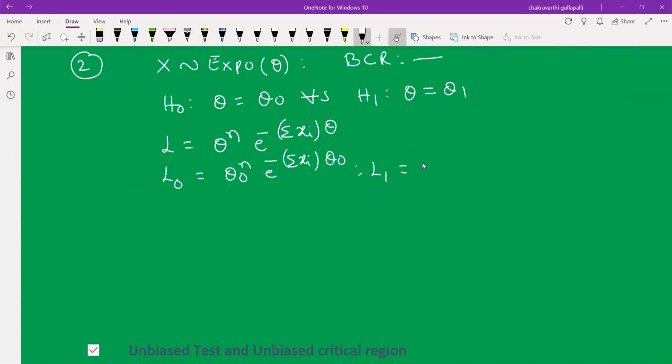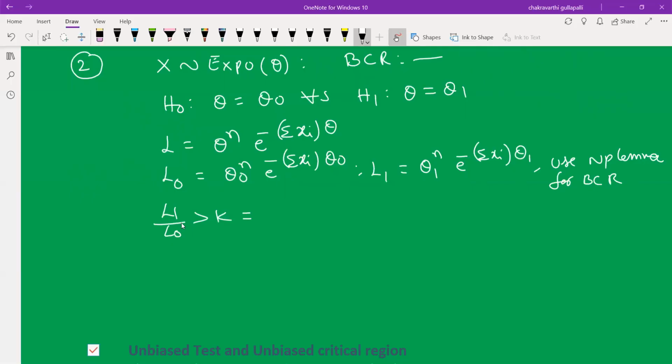L1 is equal to theta 1 power n e power minus summation xi into theta 1. L1 by L naught is greater than K. Use the NP lemma for the BCR.